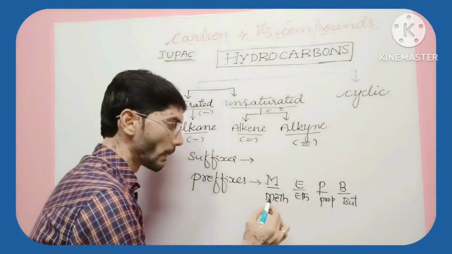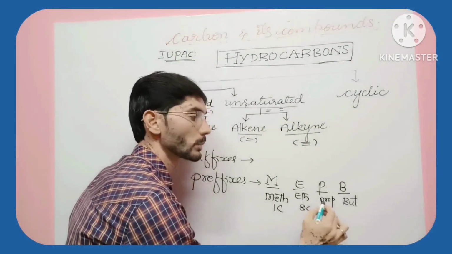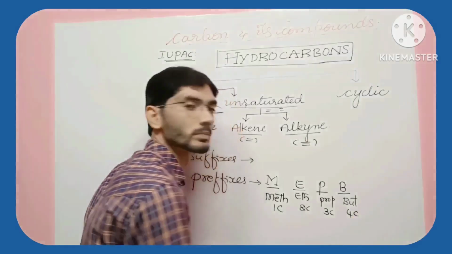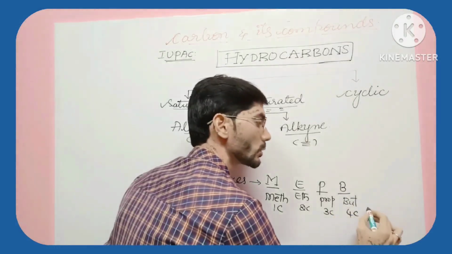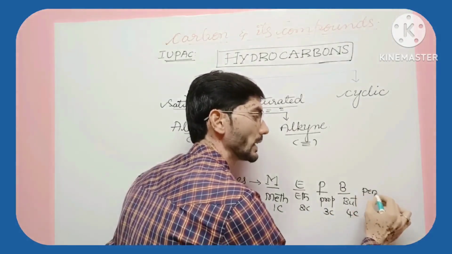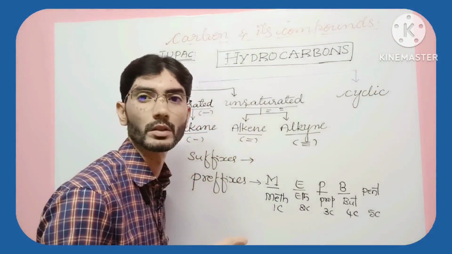Meth means 1 carbon atom. Eth means 2 carbon atoms. Prop means 3 carbon atoms. But means 4 carbon atoms. If carbon compounds have 5 carbon atoms, then you need to remember this is called pent. Pent. In maths you have learned pentagon.